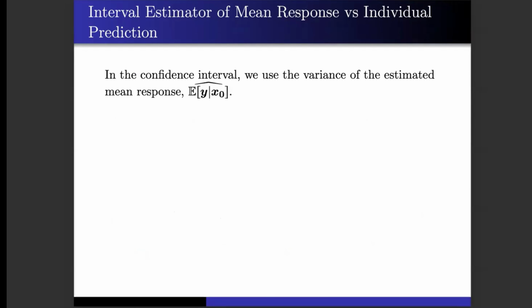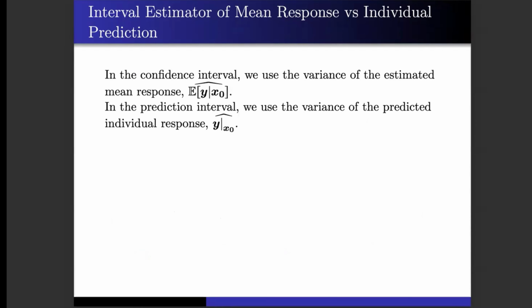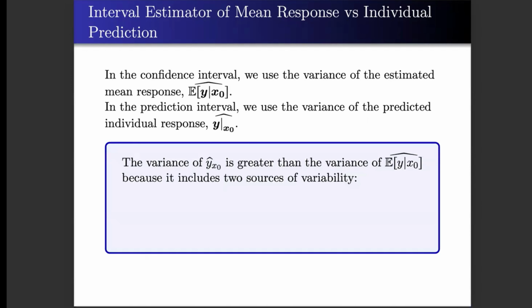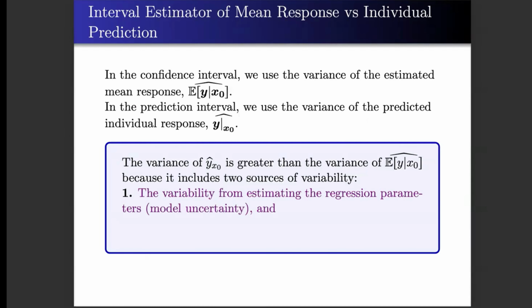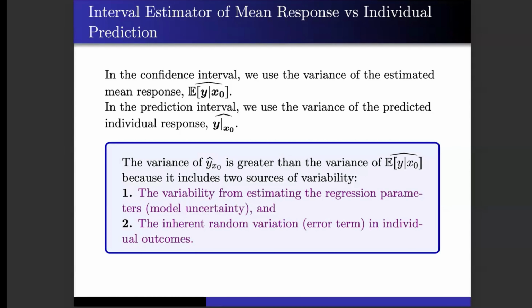So, in the confidence interval, we use the variance of the estimated mean response, which is the expected value of y given x naught hat. Whereas in the prediction interval, we use the variance of the predicted individual response, that is, y at point x naught hat. And we know that the variance of y hat at x naught is greater than the variance of the estimated mean response, because that includes two sources of variability: the variability from estimating the regression coefficients and also the inherent random variation in individual outcomes.